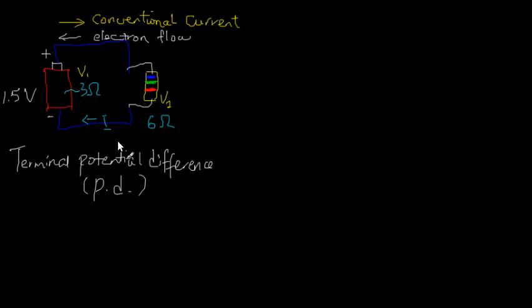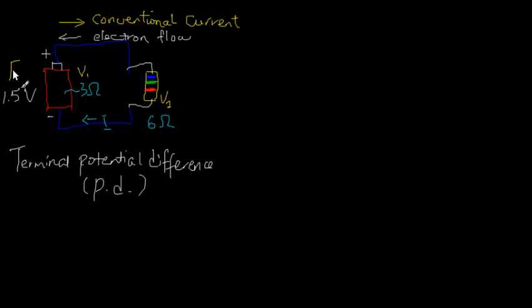In the last video, I have shown how, because there is internal resistance in the battery, the terminal PD across the battery, when it is connected to an external resistance, could actually be less than the battery voltage, which is properly called the EMF.